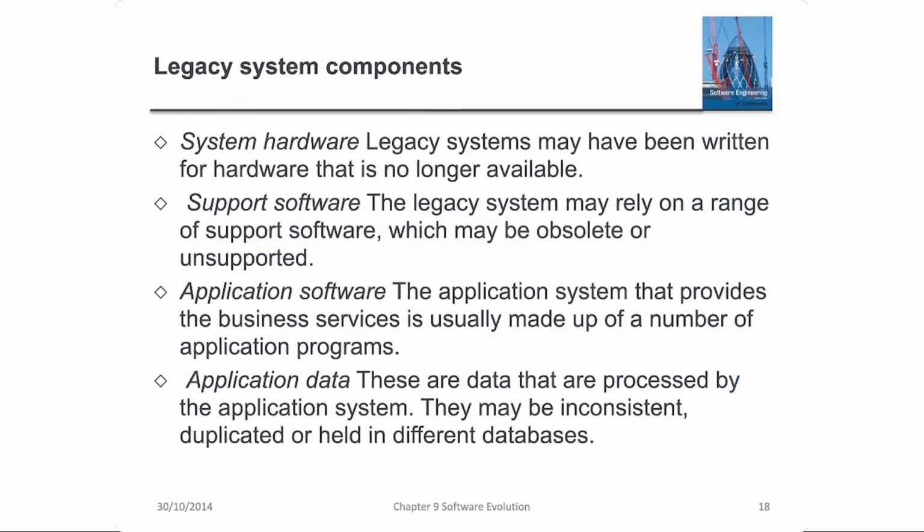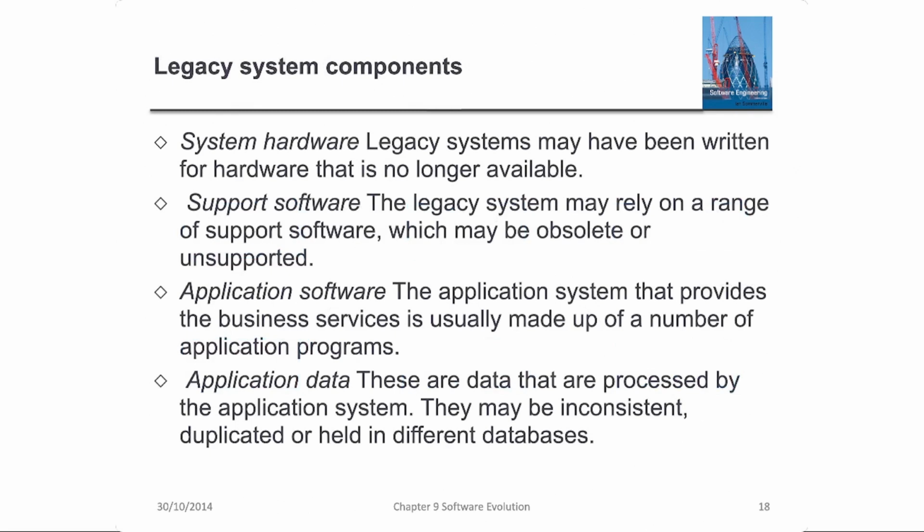As we transition from the theoretical constructs to the concrete makeup of legacy systems, let's scrutinize their key components. First, we have the system hardware. These are the original machines for which the legacy systems are crafted, many of which are no longer in production. Then there is the support software, which is an array of utilities and services, many of which have become obsolete or lack ongoing support.